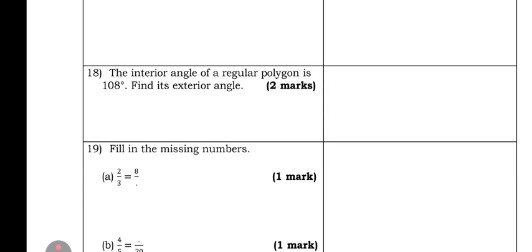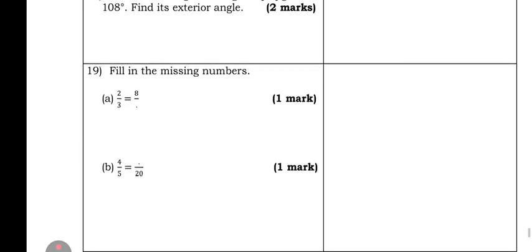Exterior plus interior equals 180. We know the interior is 108. So you have x plus this 108 degrees, which is equal to 180. Take 180 minus 108 to see the exact answer for the exterior angle.